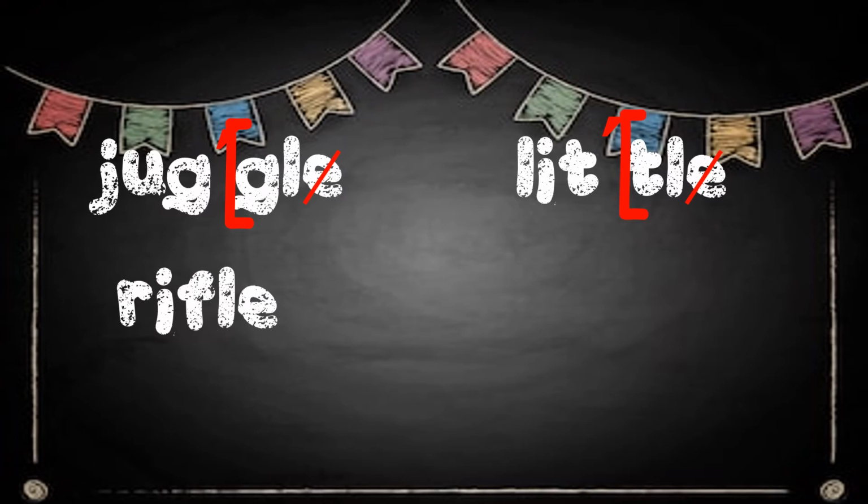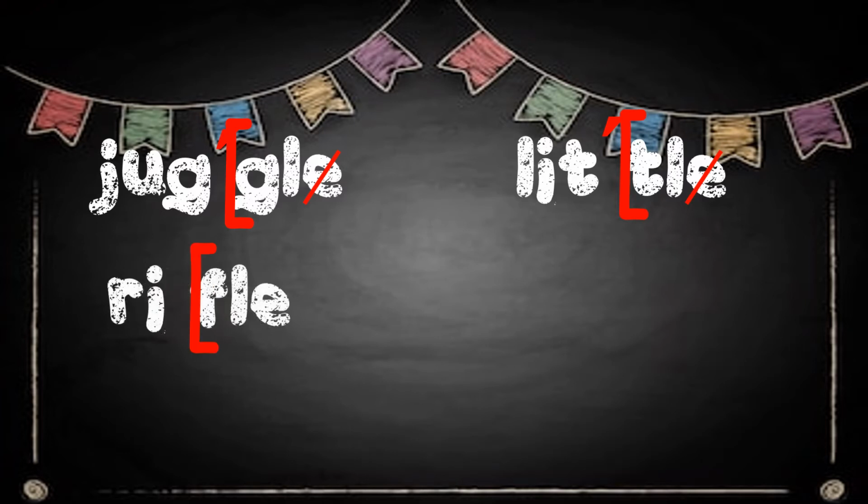Let's look at the next word. Where is the final stable syllable? Final stable syllable, F-L-E. So we're going to bracket it off and our E is silent and we add an accent mark after the first syllable.